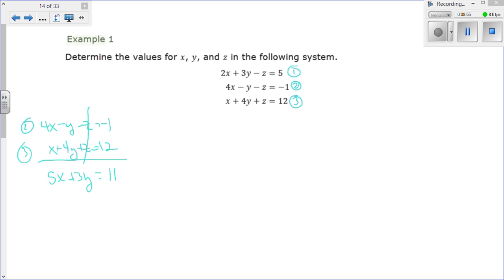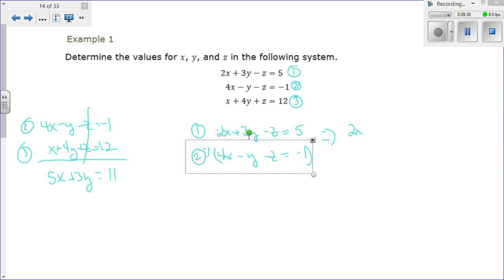Now I'm going to take equations 1 and 2 and do the same thing. So equation 1 is 2x plus 3y minus z equals 5, and then 2 was 4x minus y minus z equals -1. Now nothing immediately will cancel out. Okay, so I'm going to multiply this equation by -1.